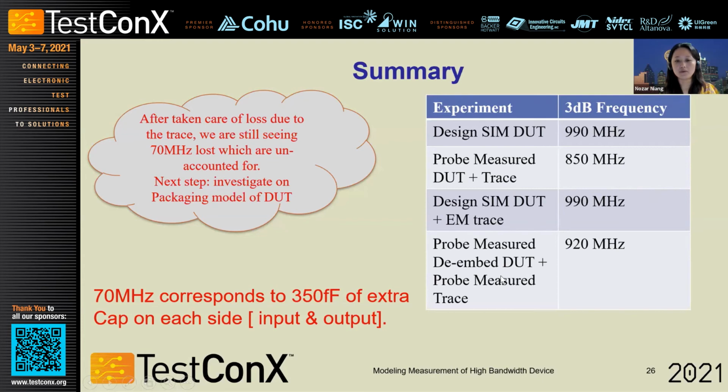We do the series parasitic and then parallel parasitic extraction, and then the final measurement is 920 megahertz. So with all the proper extraction, we still couldn't account for the 70 megahertz that was lost. We stopped this investigation because our devices are very well above our specification of 850 megahertz, so we didn't do any further study after this.